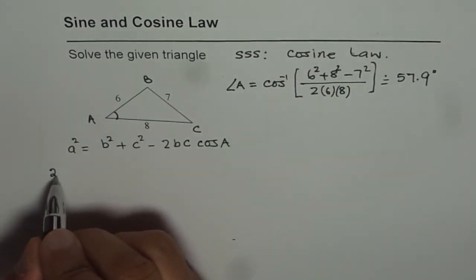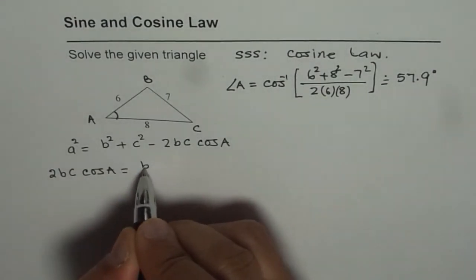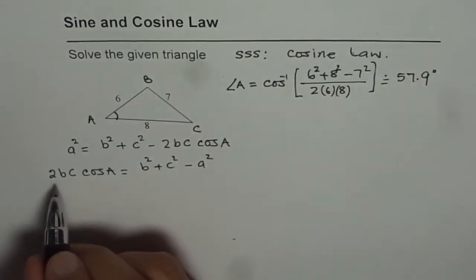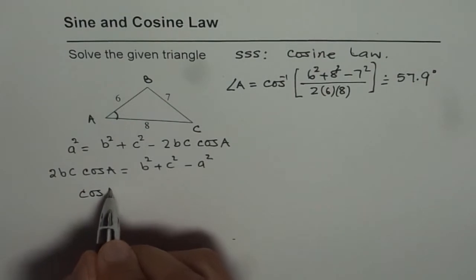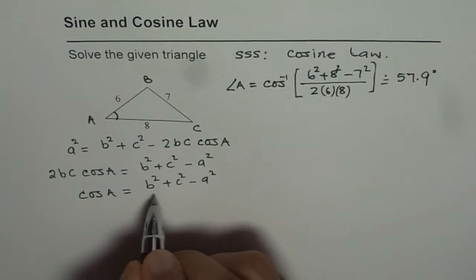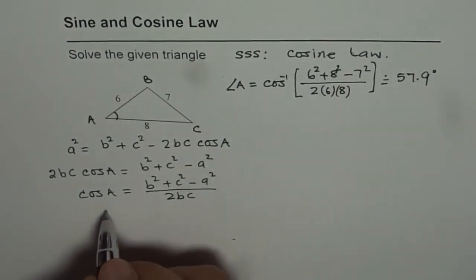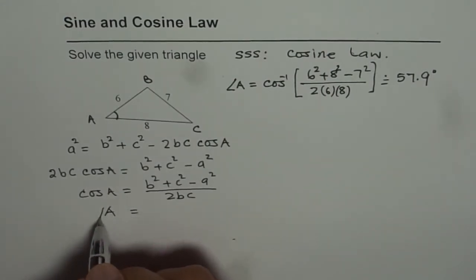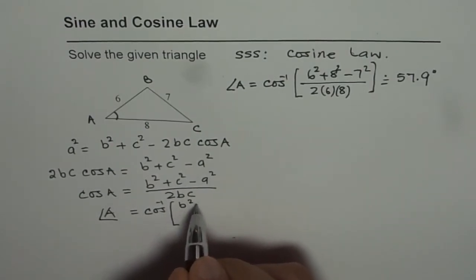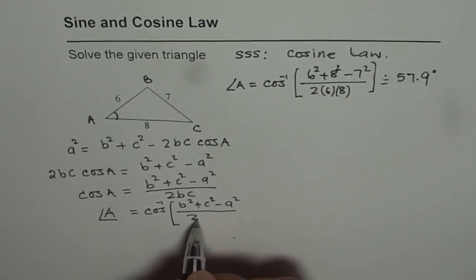So you get 2bc cos A equals to b square plus c square minus a square. Now you can divide by 2bc, so you get cos A equals to b square plus c square minus a square divided by 2 times bc, right? And angle A will be equal to cos inverse of all that, which is b square plus c square minus a square divided by 2bc, correct?